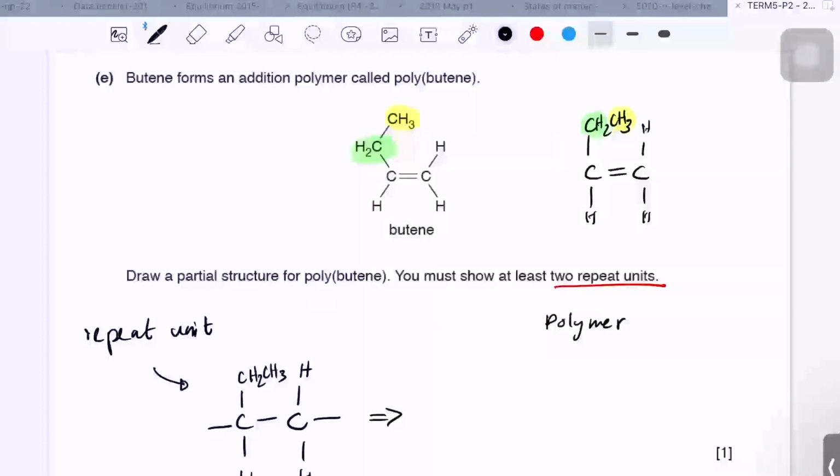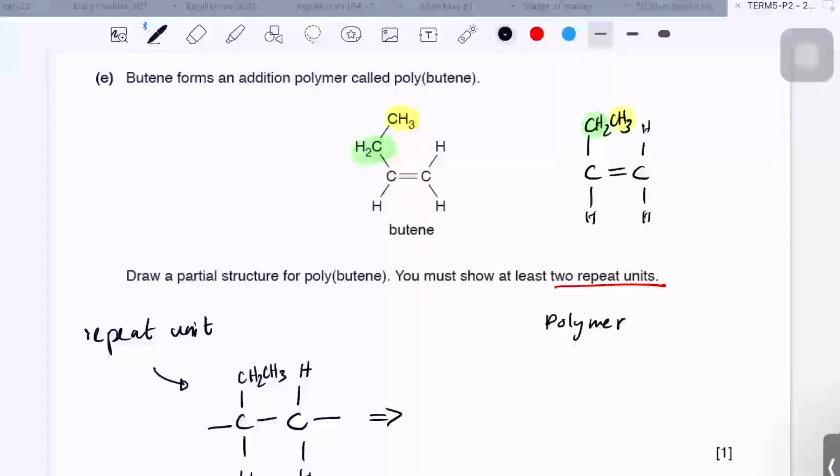At least 2 repeat units you have to use. I will complete it.